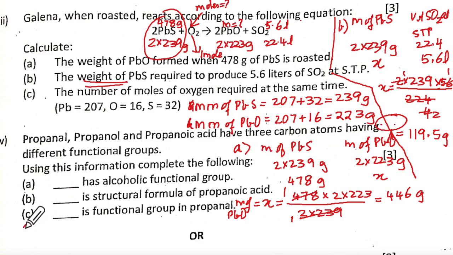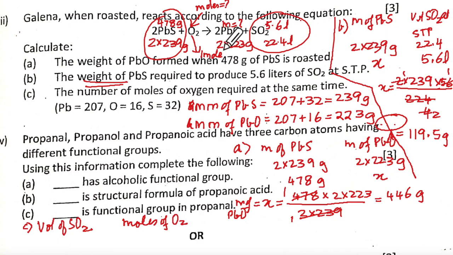Now for the C part I will write here: at the same time means for this. If SO2 is this, can you see that they have told this? So I will start with volume of SO2, and I have to find moles of O2.